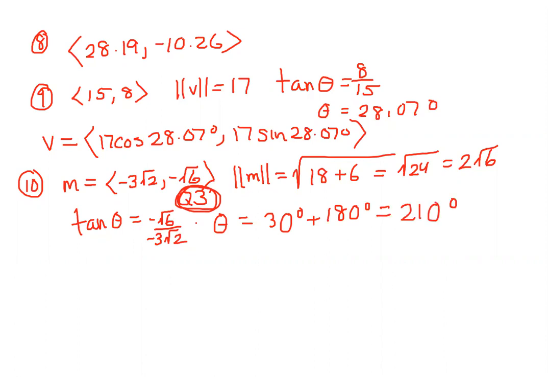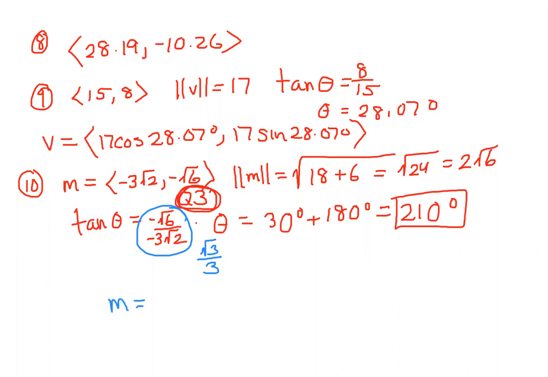You could notice that if you simplified this, it simplifies to the square root of 3 over 3, and know that that is one on your unit circle, and you could have just found this from your unit circle, or you can put it in your calculator. I don't really care.